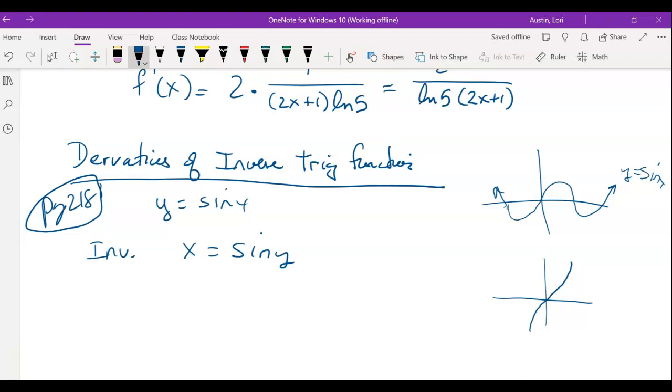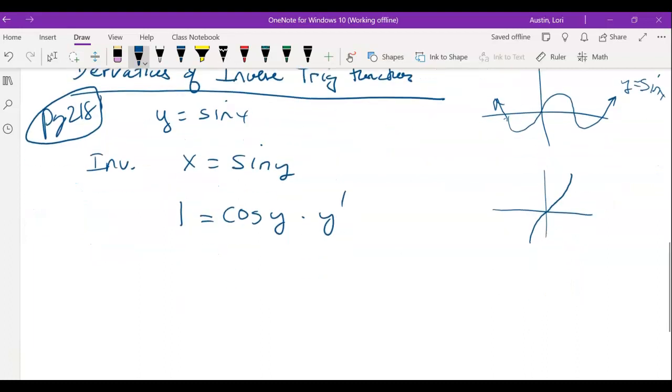What's the derivative of x? 1. What's the derivative of sine y? Oh, so y prime equals 1 over cosine of y.